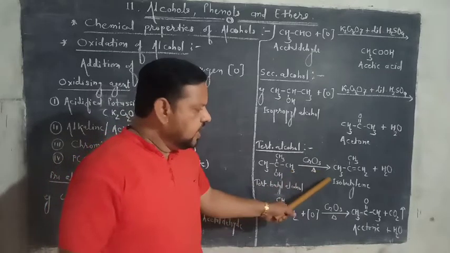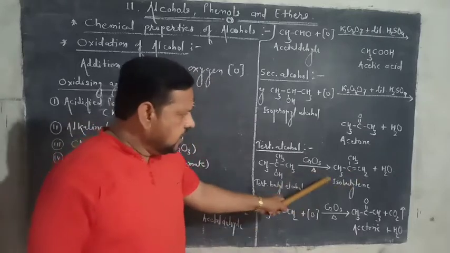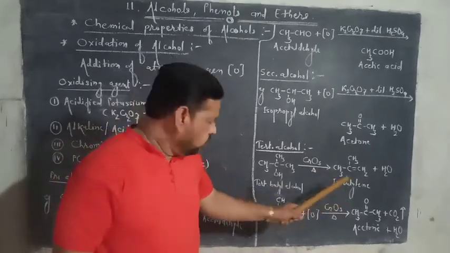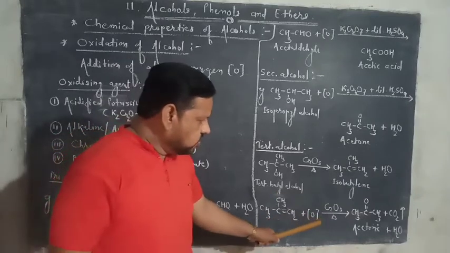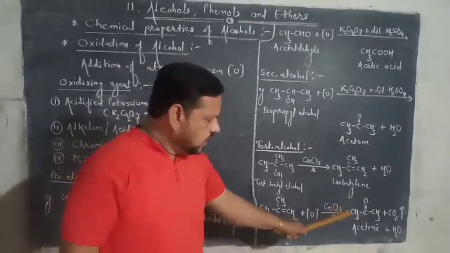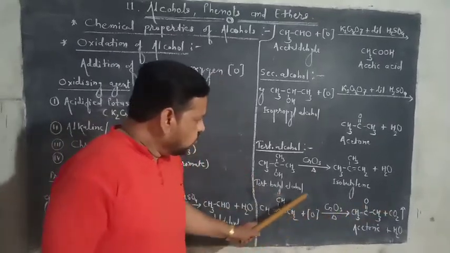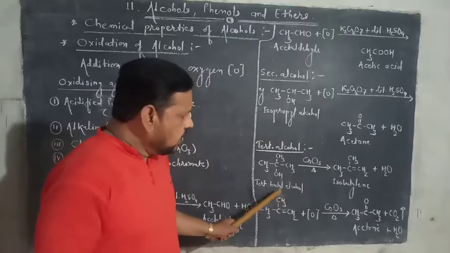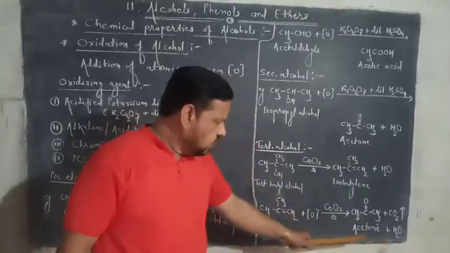On heating, it first dehydrates to give isobutylene, and then this isobutylene on oxidation with chromium oxide gives acetone, and one methyl group is converted into carbon dioxide and water.